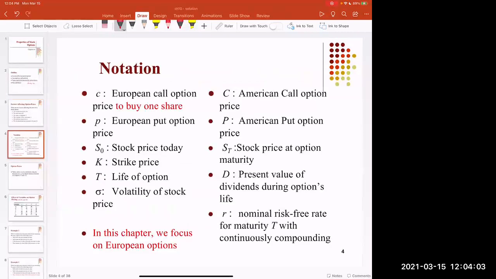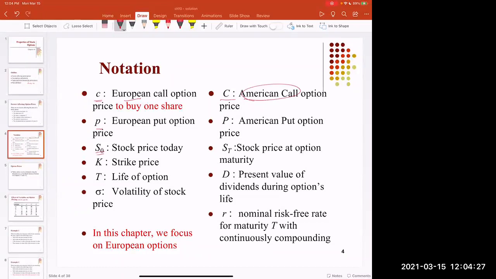To summarize, this is the notation we learned. Small c is a European call option price. P is the put option price. If C is capital, it's an American call, but we focus on the European call, because the American call would be more complicated.